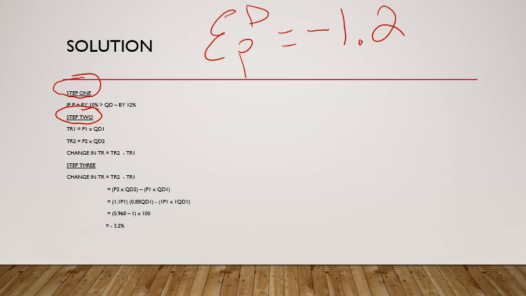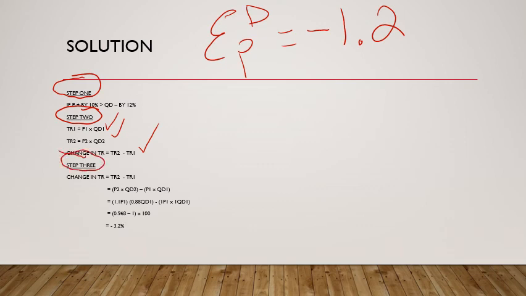TR1 is P1 times QD1. What is TR2? TR2 is P2 times QD2. All right? And what is the change in TR? The change in TR is TR2 minus TR1. All right, so here we have composed these equations that we can use for our solution.